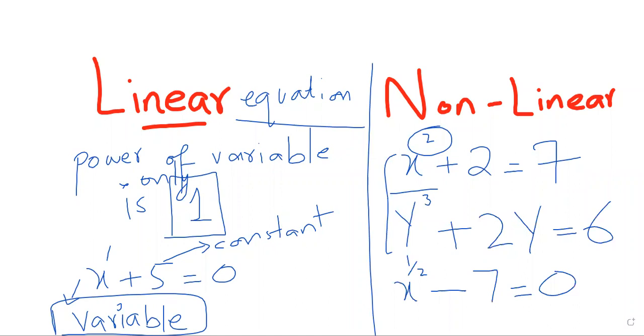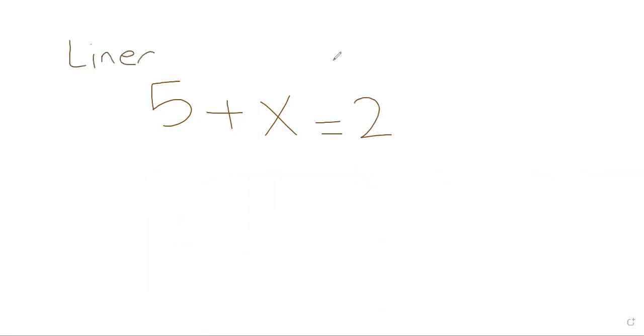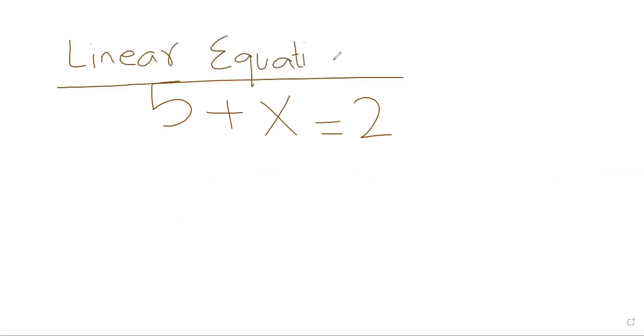I'm going to write down a few more examples for your better understanding. If I'm saying linear equations, so 5 plus x equals 2, this is a linear equation. And today we will solve a few linear equations as well.